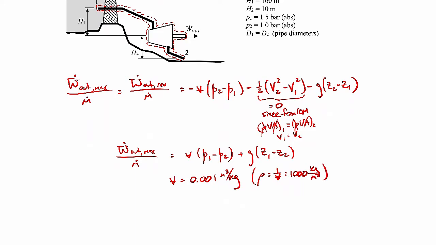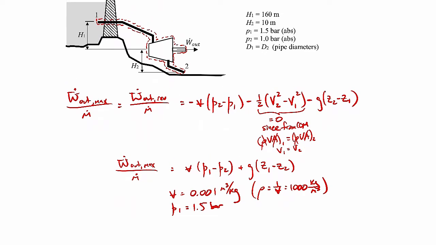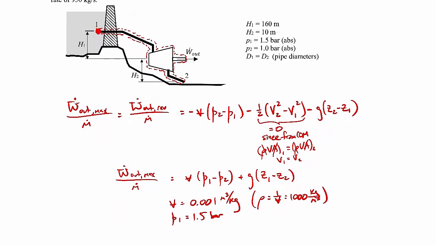It's an easy number to remember. It's used all the time in engineering. P1 is 1.5 bar. That's the pressure right at the inlet here. It's a little higher than what you have at the outlet. You see the outlet, it's at 1 bar. That's exposed to the atmosphere, which is roughly at 1 bar. The P1 is higher because it's under water, and so the pressure will go up.